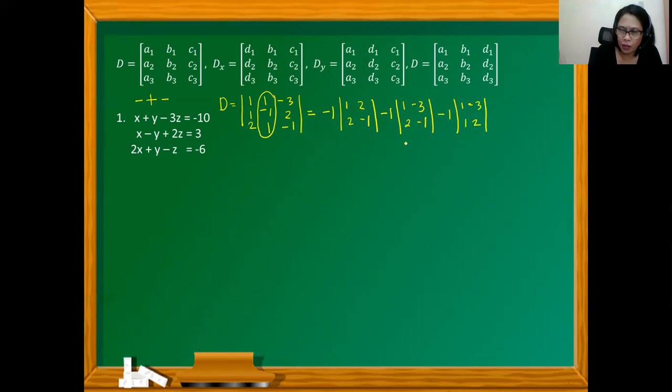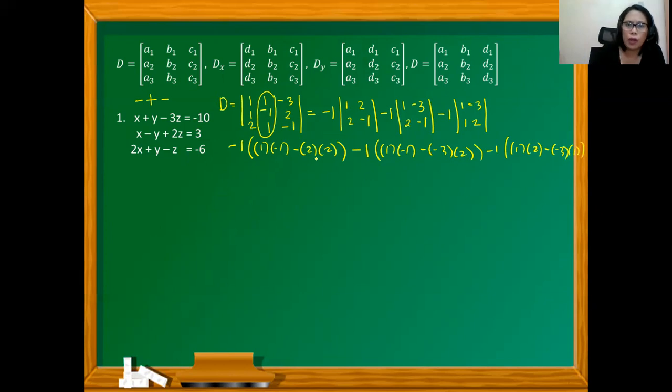And we'll simplify the right side of the equation. So we have negative 1 times the product of 1 and negative 1 minus the product of 2 and 2. And then minus 1, we have the quantity, the product of 1 and negative 1, minus the product of negative 3 and 2. And lastly, minus 1, then the product of 1 and 2, minus the product of negative 3 and 1.